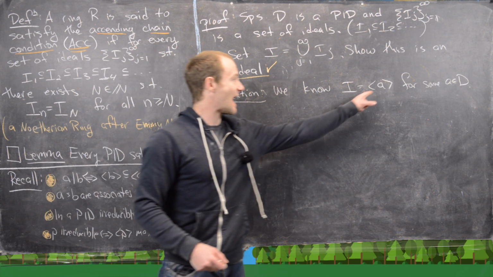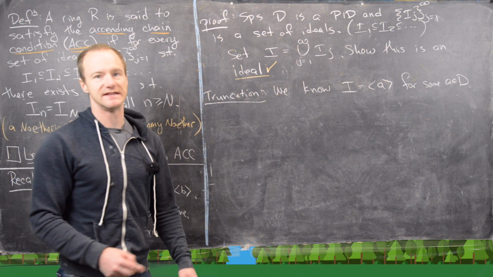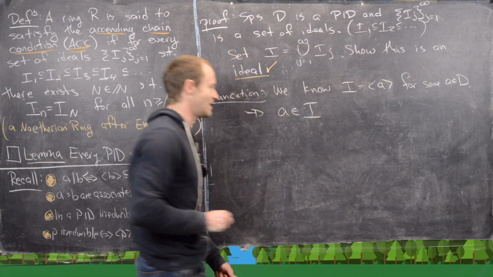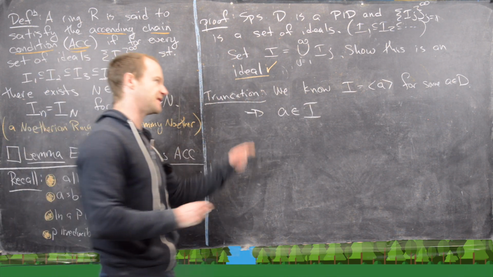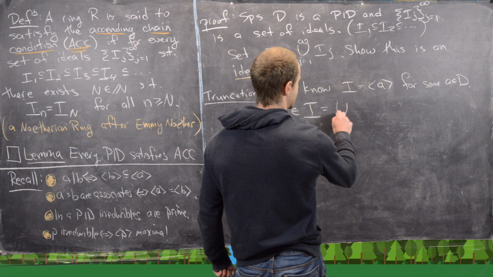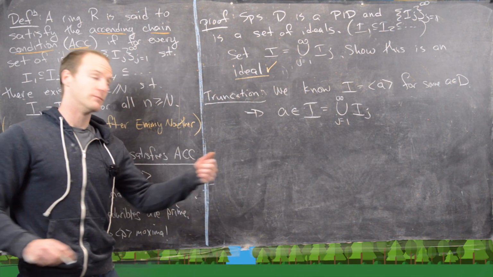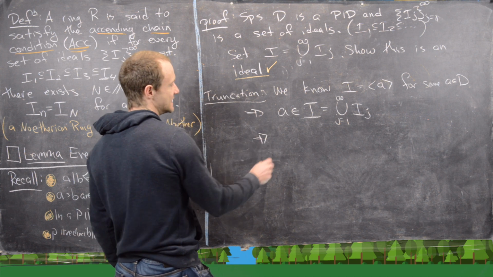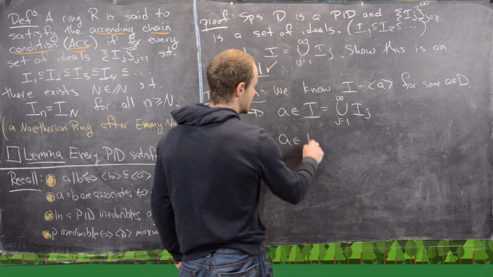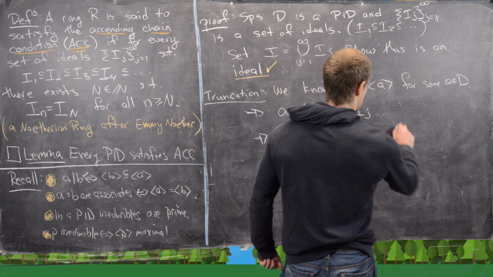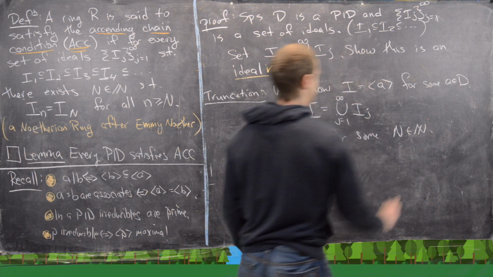But now, if A generates the entire ideal I, then very simply that means A has to be an element from this ideal I. But then let's recall that this ideal I is the union of all of these I_j's. But what that tells us is that A is in I_N for some N, which is a natural number, right?